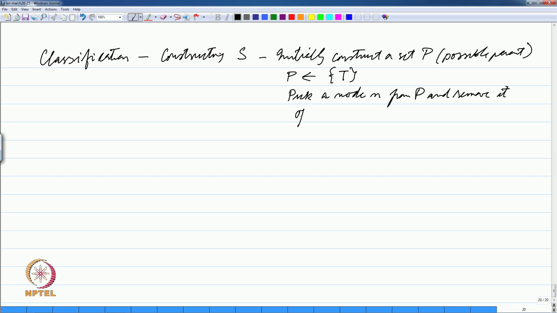Now, there are two possibilities: either this node n subsumes the concept D, or it does not.